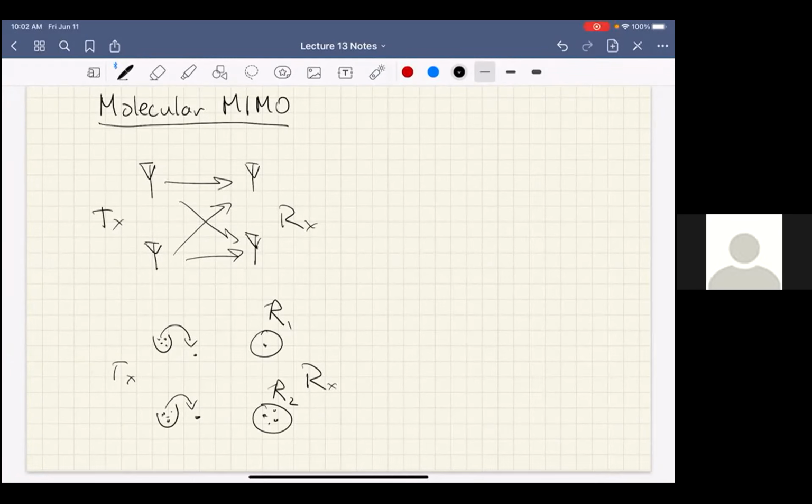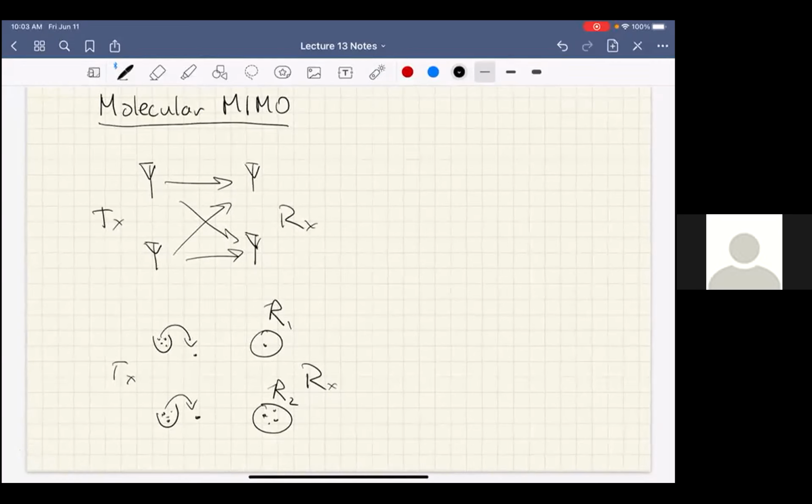Actually, we're not going to do it this way. In terms of molecular MIMO, it's often assumed that the receivers are absorbing. This will be a little bit unlike what we did with counting modulation previously, which is that they were non-absorbing.